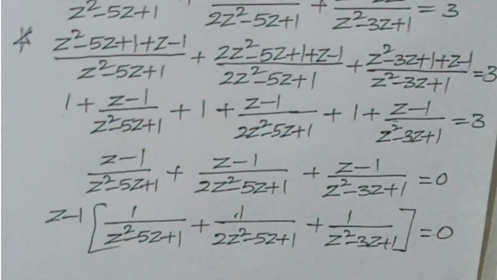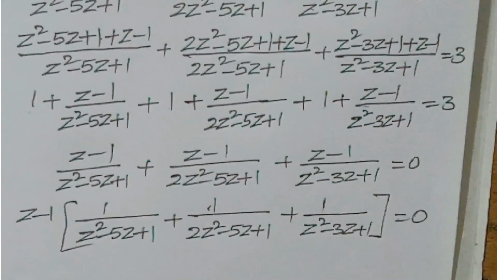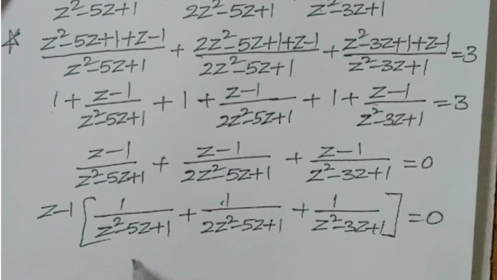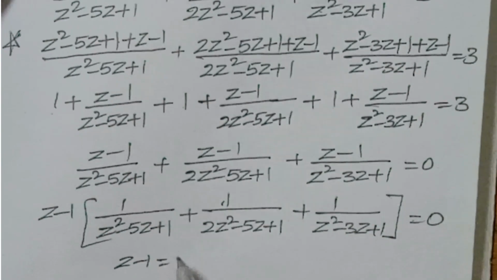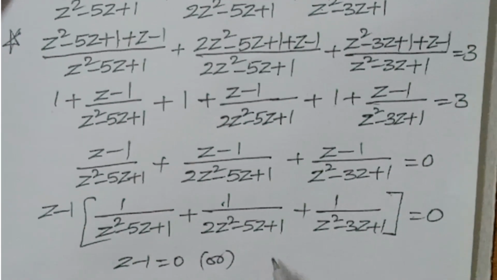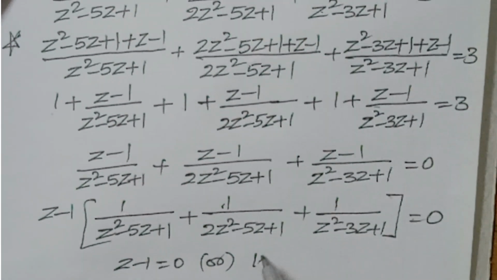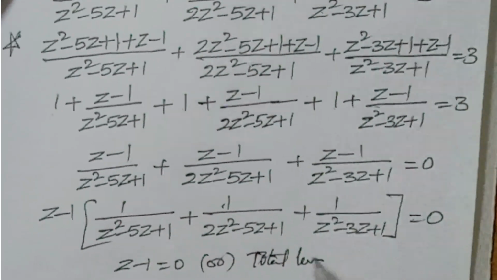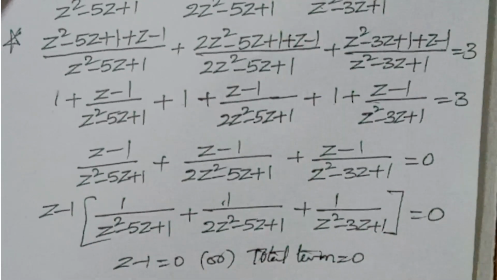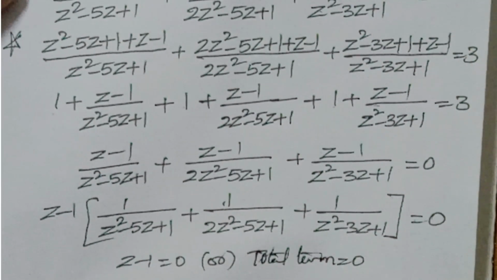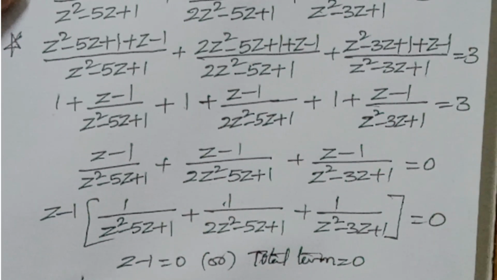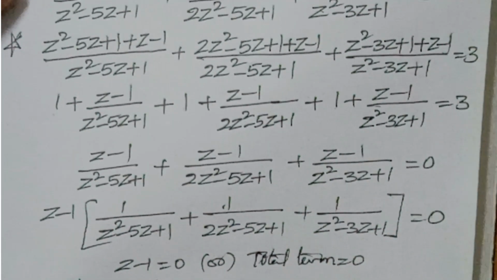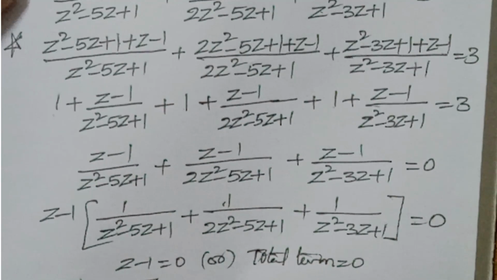Okay. Now here z − 1 equal to 0, or the second term, the total term, is equal to 0. Now replace z with 1, when z is equal to 1, you put it in the second term.